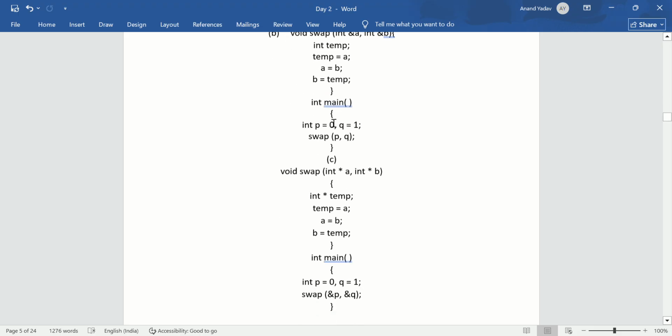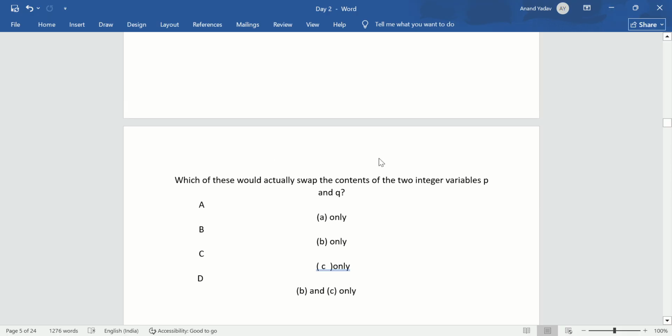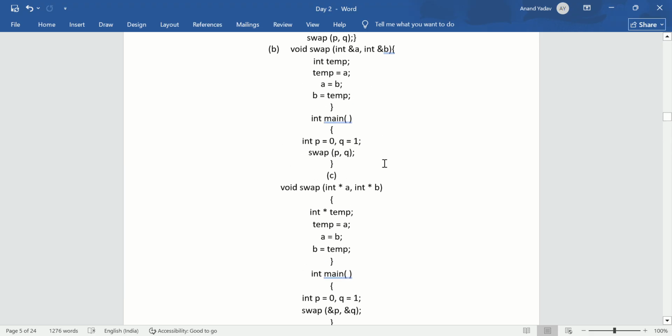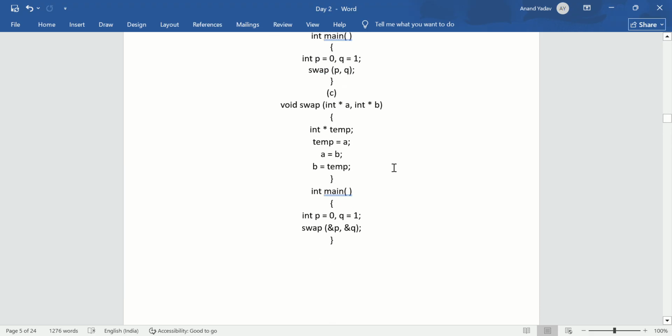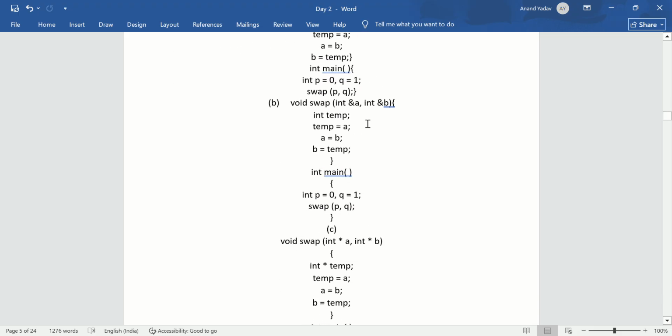What it asks is which of these would actually swap the content of the two integer variables, which function will interchange the value of a and b.